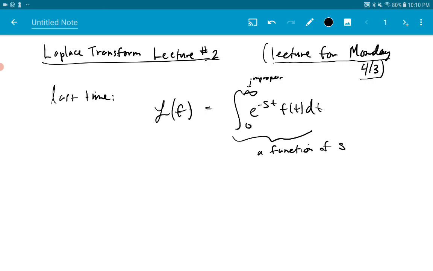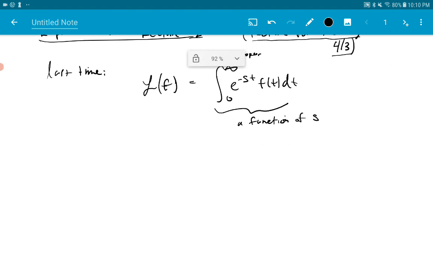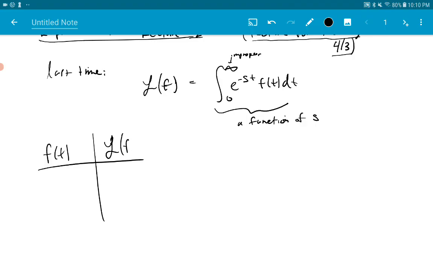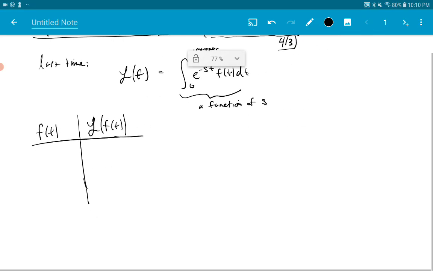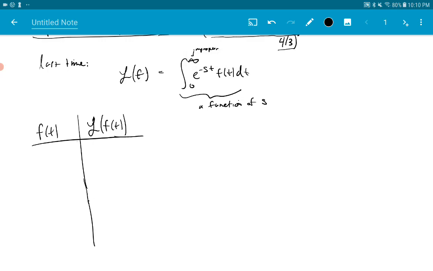Okay, so we computed the Laplace transform of several types of functions last time. We can make this table here: f of t, and the Laplace transform of f of t. We came up with a bunch of them. For the function 1, we got 1 over s. And remember, that's only true when s is greater than 0.